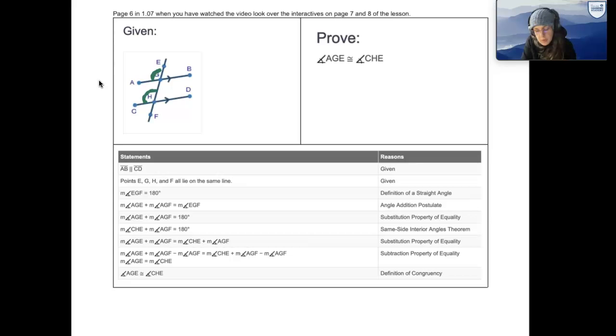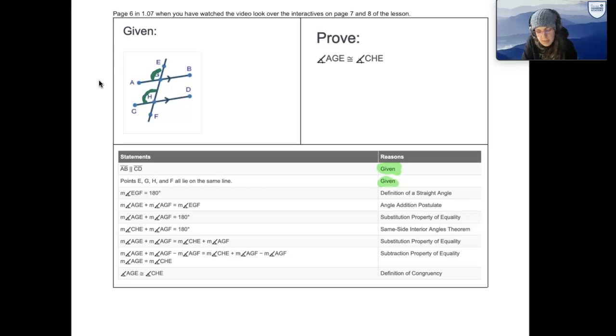Okay, so the things that are given to us, which means that it's information that we just have given. We know that AB and CD are parallel. And we know that points E, G, H, and F all lie on the same line, which is our transversal. Okay?